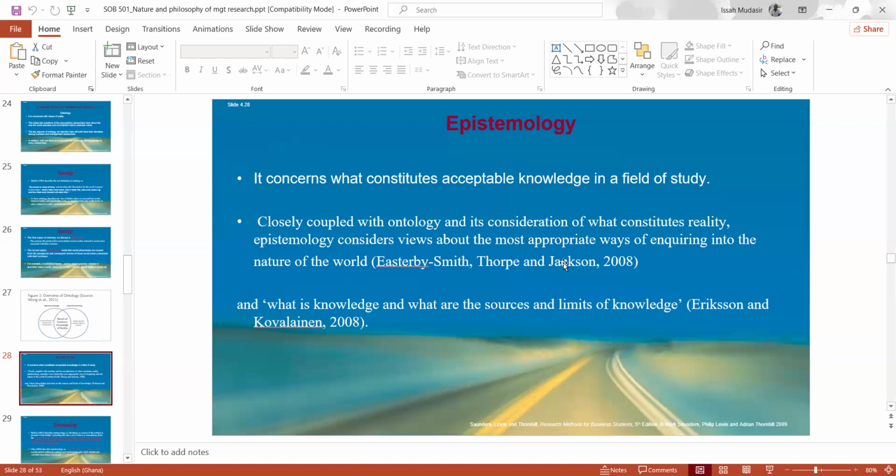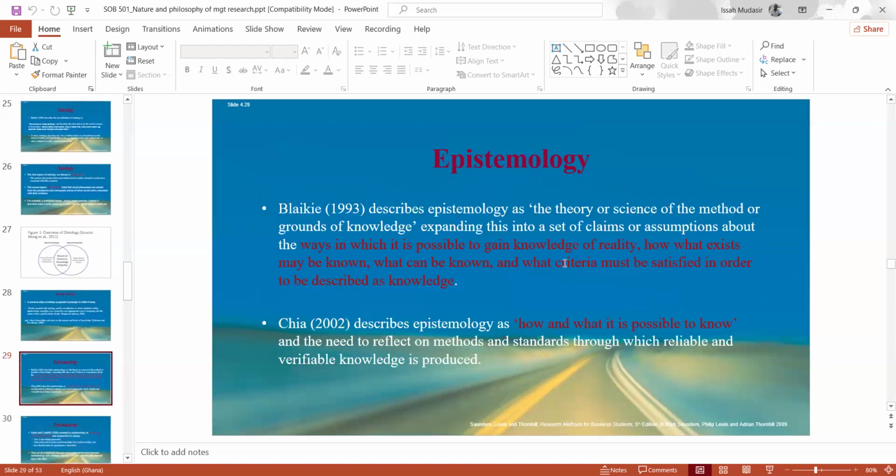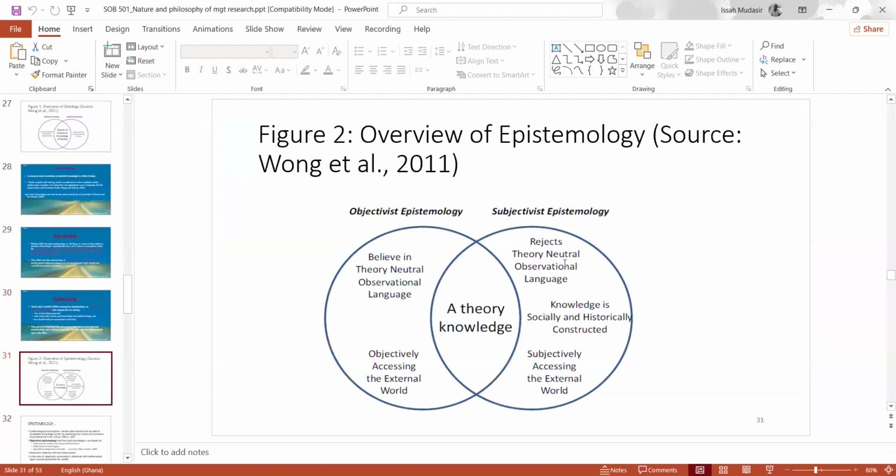So in the same way, epistemology is also divided into two. We have objectivist epistemology and then what? Subjectivist epistemology. So the objectivist epistemology will believe that in terms of knowledge, we can only pursue knowledge objectively.